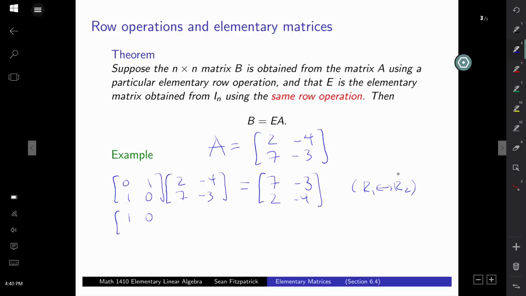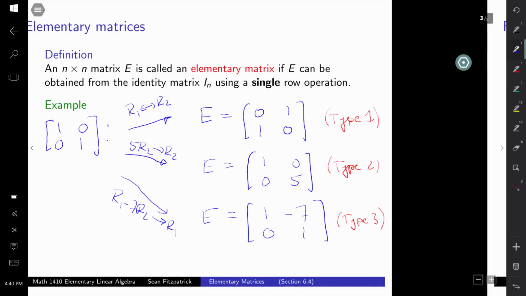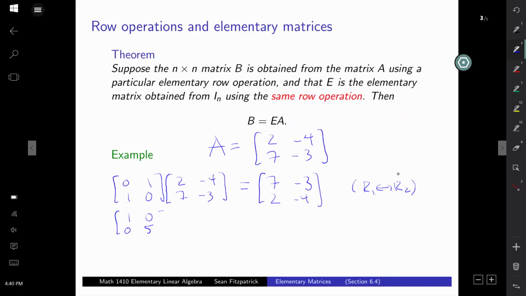If we take this guy, did I put a 5? I put a 5. Okay. 2, minus 4, 7, minus 3. What happens? First row: 1 times 2 plus 0 times 7 gives me 2. And then 1 times minus 4 plus 0 times minus 3, I get minus 4.